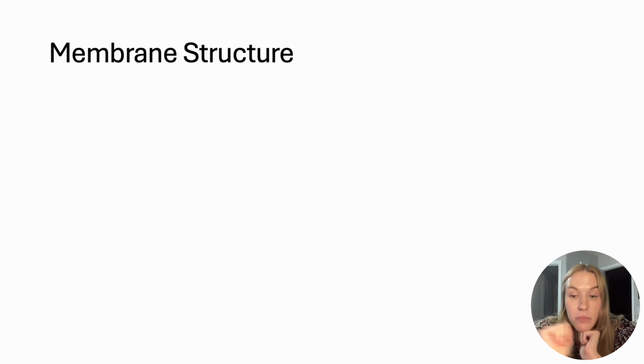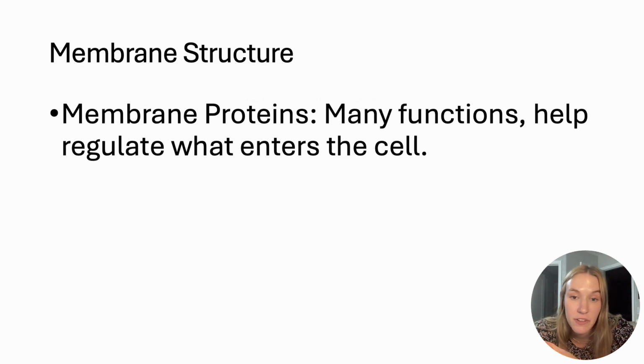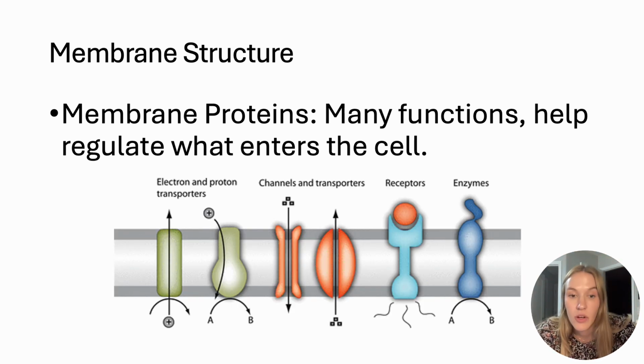Okay, these membrane proteins, they have lots of different functions. We're going to talk a lot about transporting proteins in a moment, which are going to help regulate what enters the cell. But there's a bunch, and you're responsible for all of them for this unit and for the rest of the year, because we do build upon these proteins throughout the whole year. So they could be potentially electron and proton transporters.